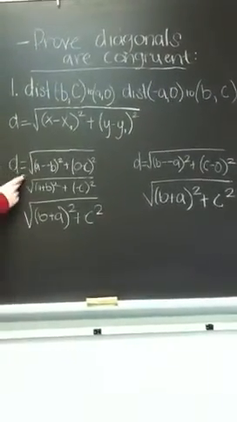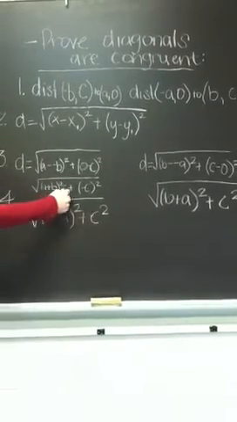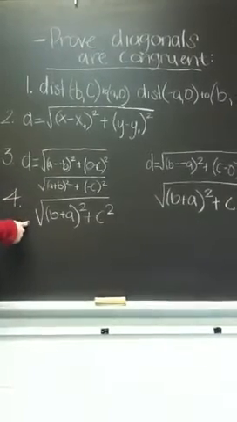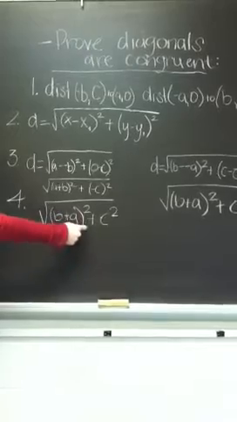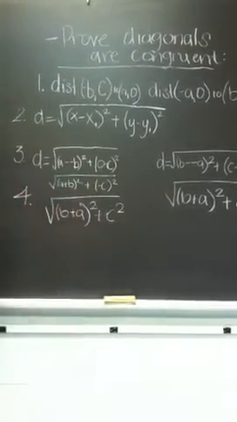So for this one, when we simplify, it is a plus b squared plus a negative c squared, which comes out to be, since the order doesn't matter when you're adding, b plus a squared plus c squared, because when you square a negative, it turns out to be a positive.